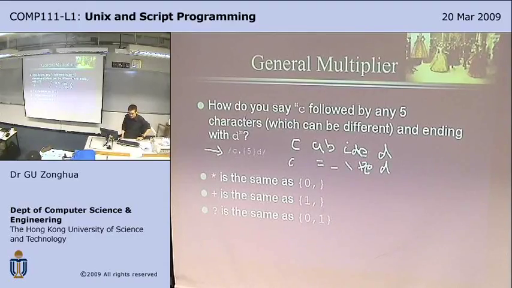So it's not treated as a regular character. So star is the same as 0, comma, nothing. That is 0 or more with no upper bound. Plus is 1 or more. Question mark is 0 to 1.